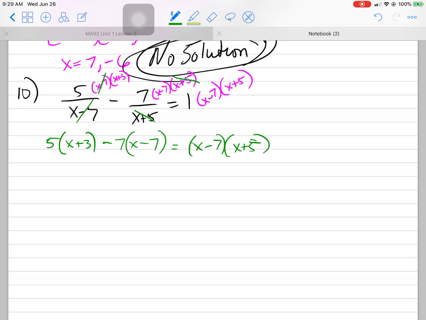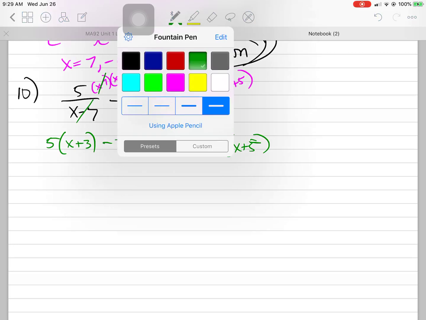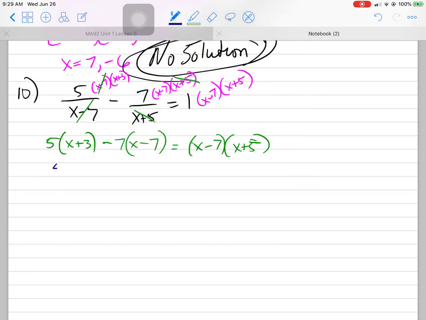All right, so we need to distribute this side. And then distribute this side. And then actually FOIL this side.